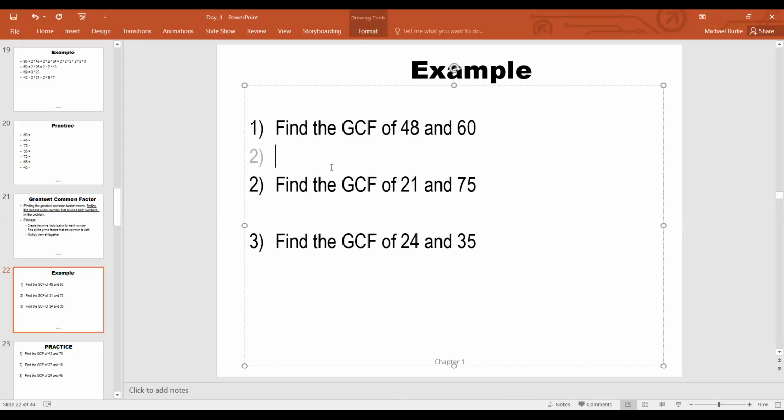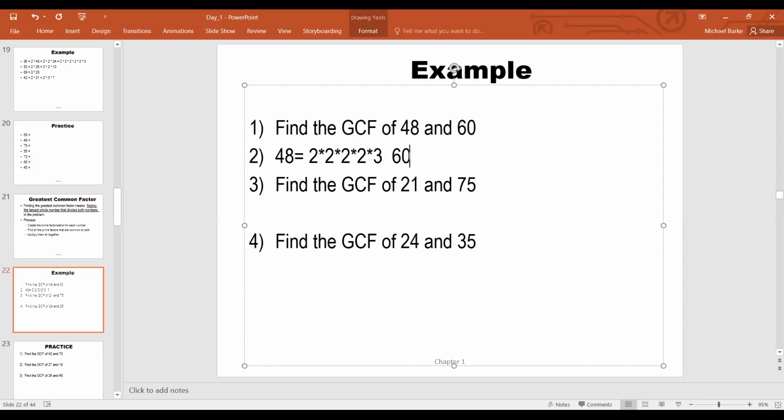If we do a prime factorization of 48, it's going to be 2 times, and that's 24, divided by 2 is 12, divided by 2 is 6, divided by 2 is 3. So 48 is 2 times 2 times 2 times 2 times 3. 2 times 2 is 4, times 2 is 8, times 2 is 16, times 3 is 48.